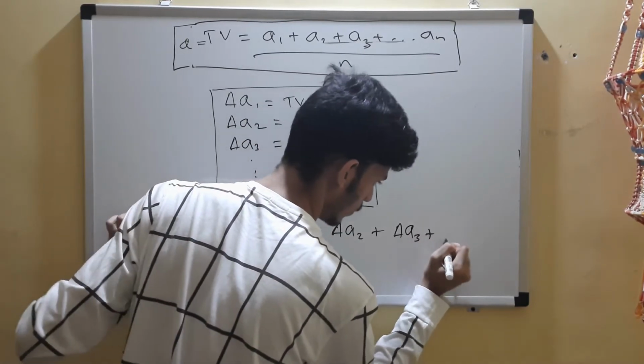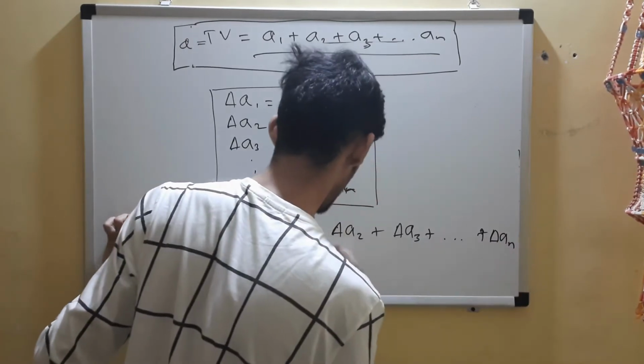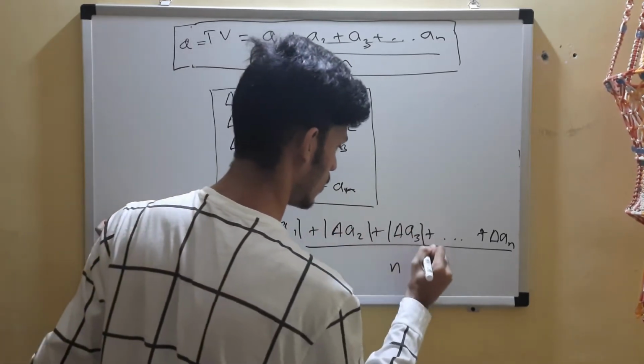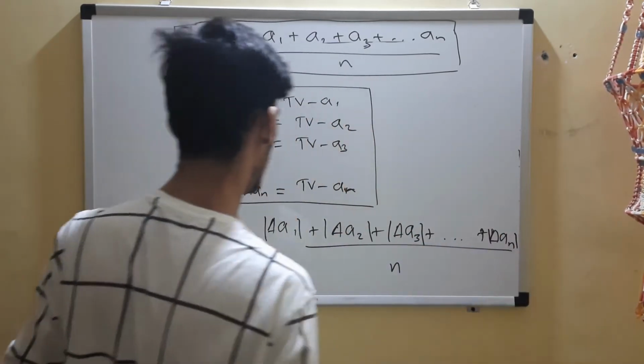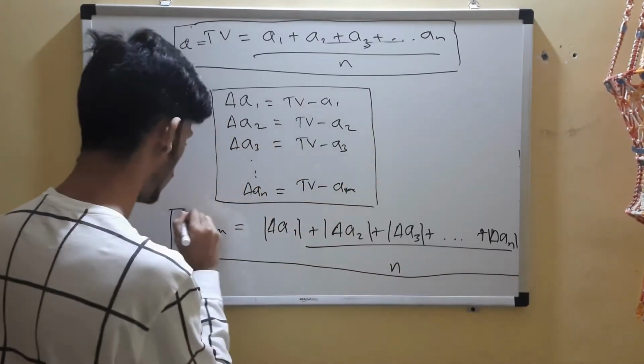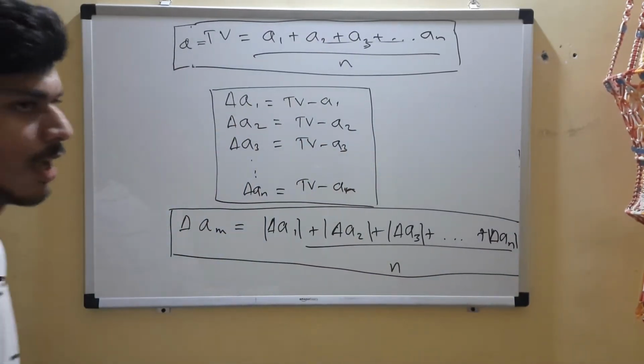No sir. What is missing? Of course the mod sign is missing. So pay attention that it is the magnitude that matters, the mod sign. Okay, so this is mean absolute error.